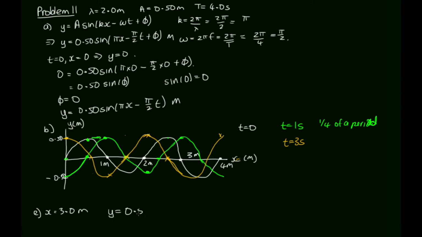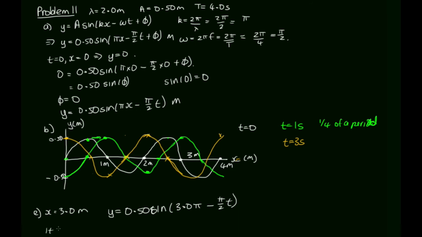So we've got 0.50, and then we've got sine(pi x, in this case 3 times pi, minus pi on 2 t). So that tells us how it moves as an equation. Now what's happening is, because it's following the sine wave, it's undergoing simple harmonic motion.